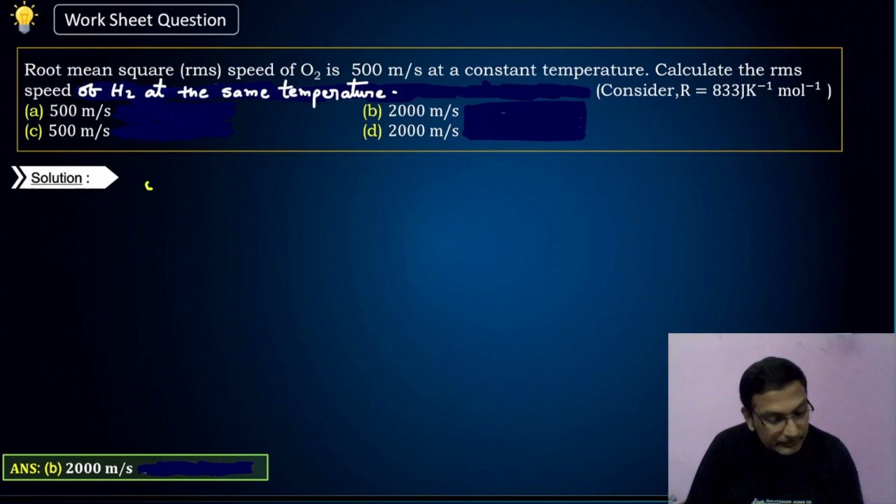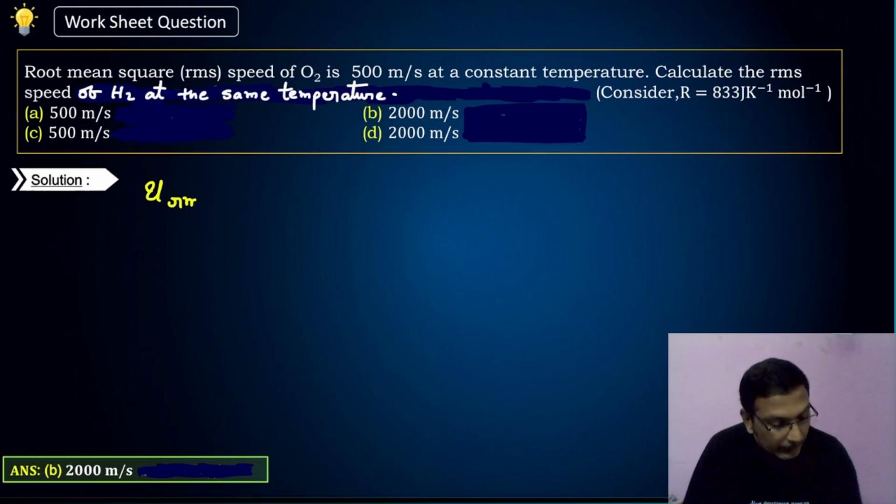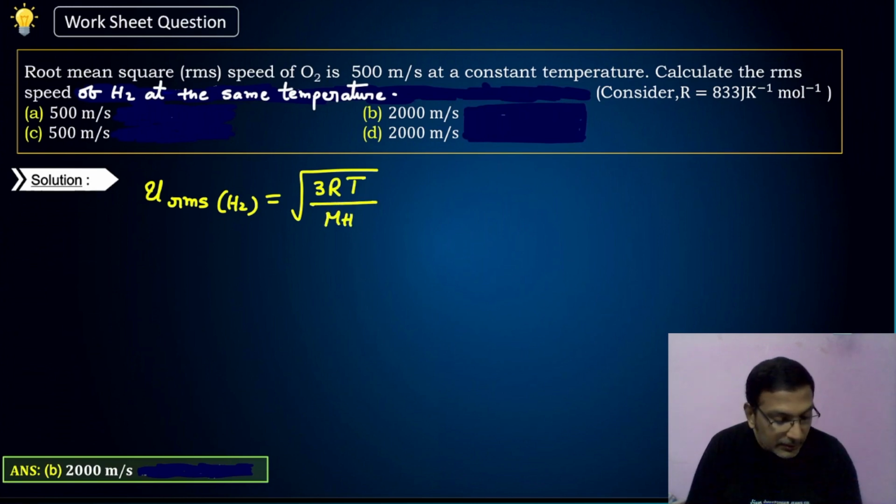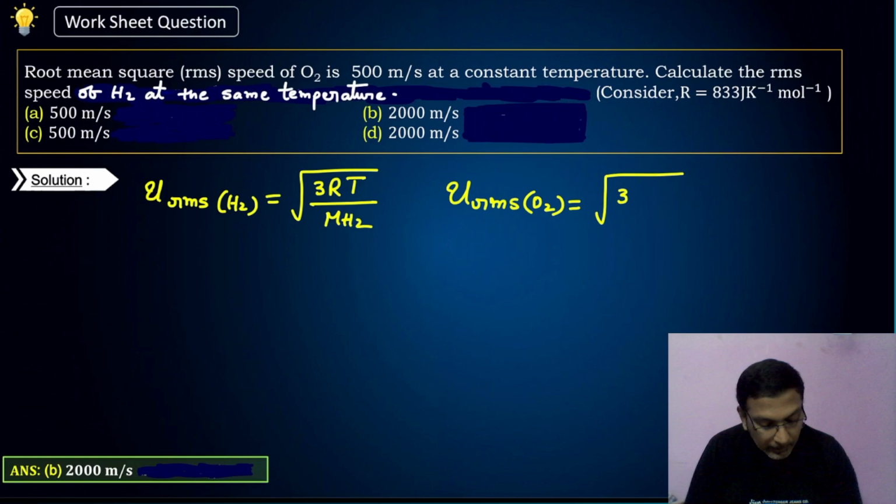RMS speed of H2 will be equal to root of 3RT by molecular weight of H2, and RMS velocity of O2 is root of 3RT by molecular weight of O2.